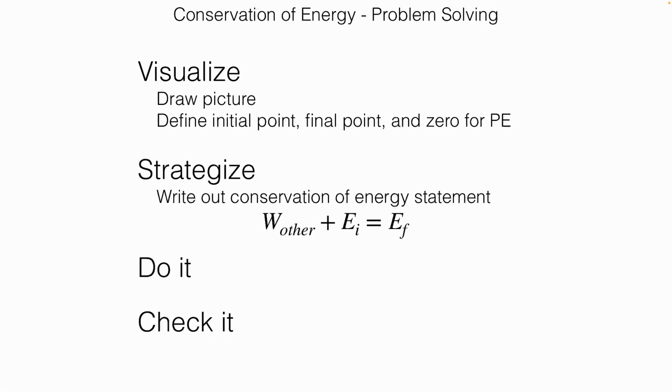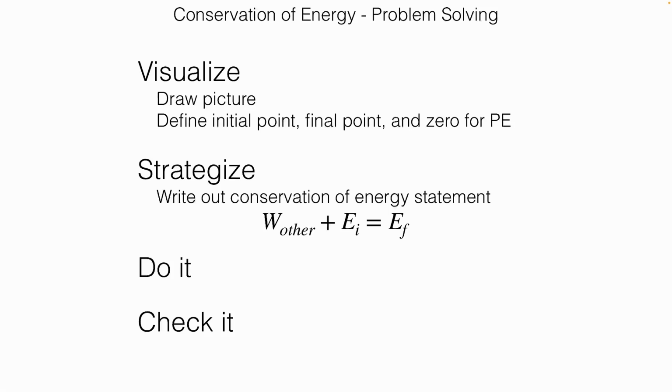We're going to fall back on the 4-step process that everything we do has: visualize, strategize, do it, check it. Of course, details change a little bit in those steps. It says draw a picture. Now, is that a free body diagram? It can be.